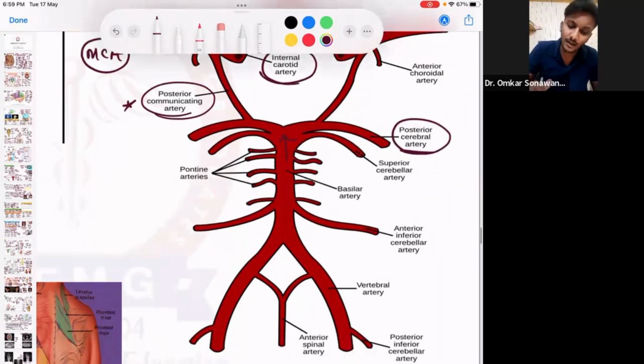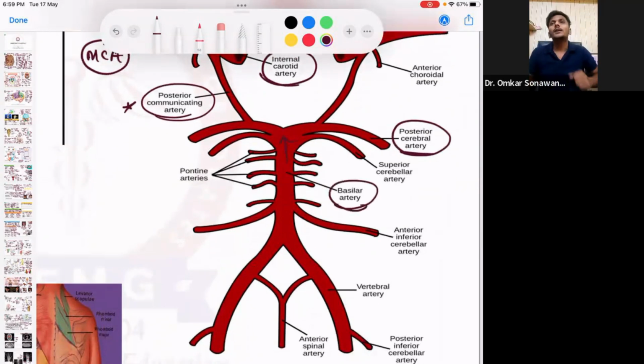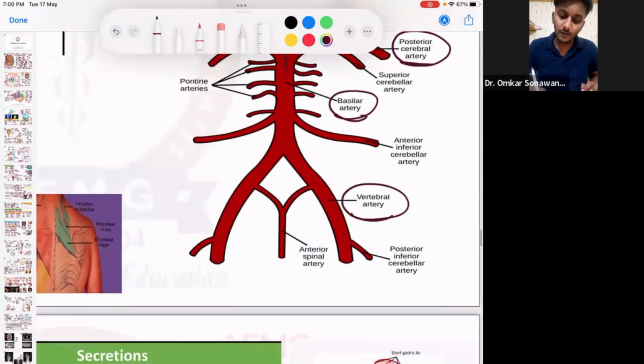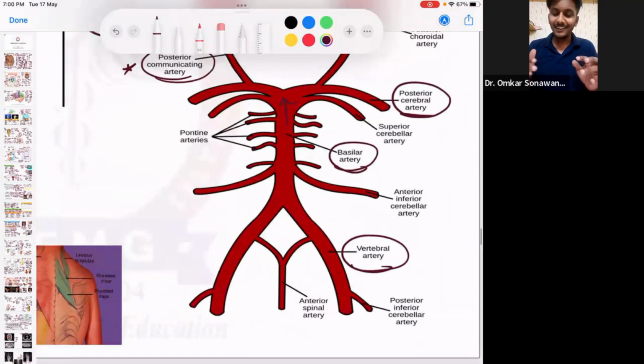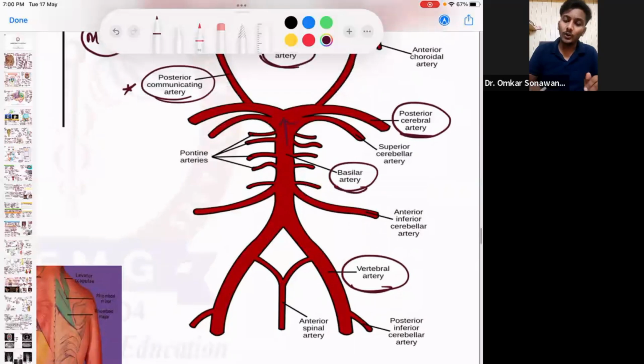The posterior cerebral arteries are branches of the basilar artery, and the basilar artery is formed by fusion of the vertebral arteries. So the vertebral arteries fuse to form the basilar artery, and the basilar artery divides to form the posterior cerebral arteries.